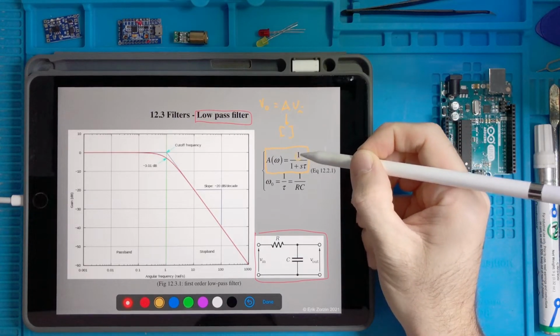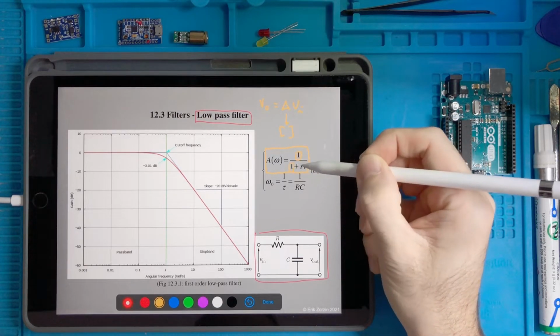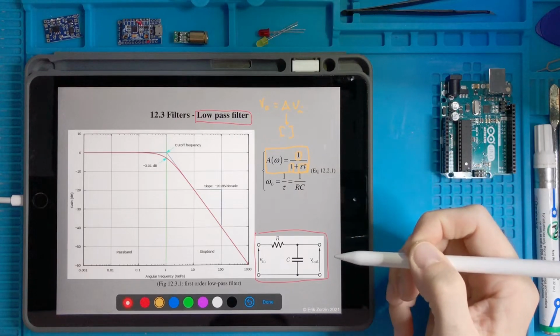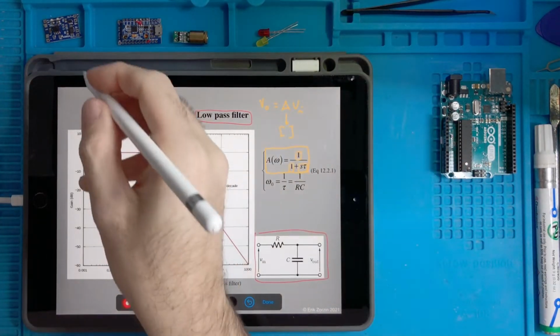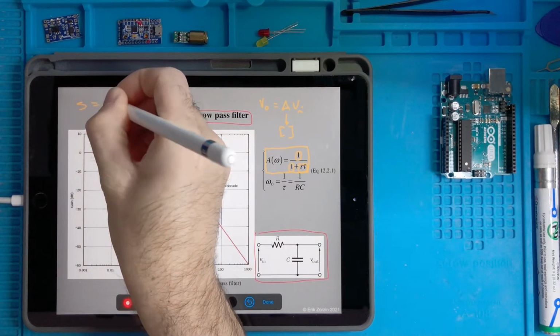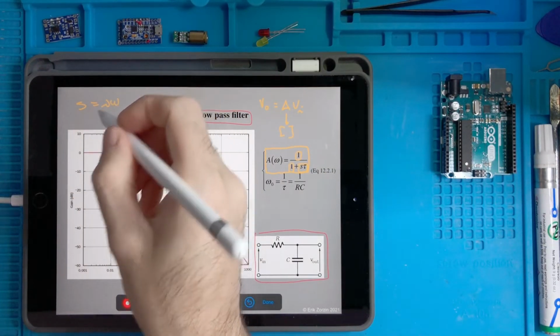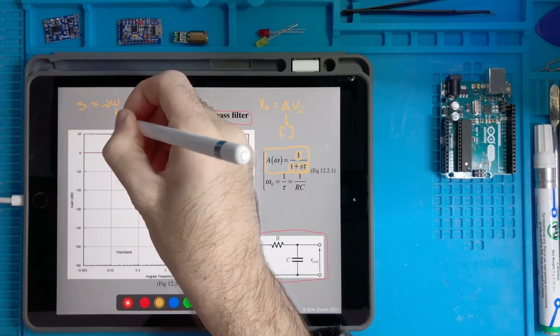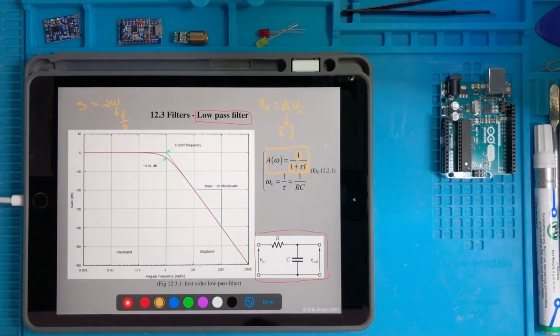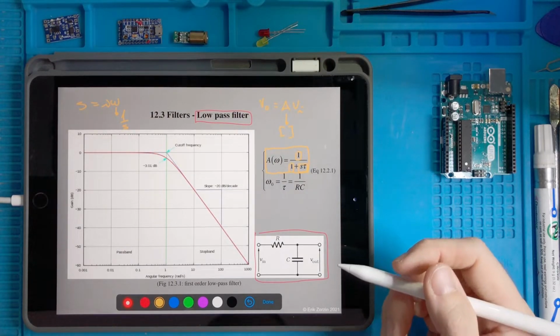So this thing is a pure number, divided by a pure number, plus this thing which is a pure number, but S is I omega, and omega is a frequency. The frequency has units of 1 over seconds, radians per second.